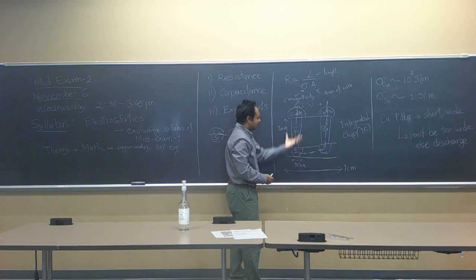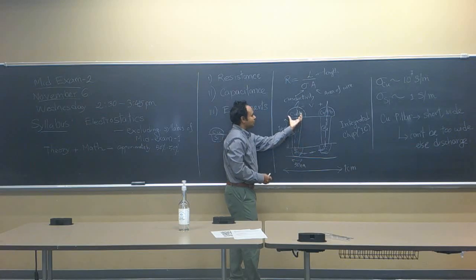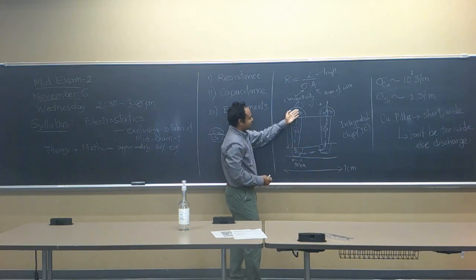So in order to match the size, we make the silicon device small, but then gradually taper it out so that the size matches with the copper pad and the silicon device.